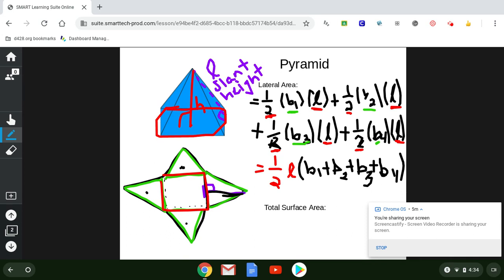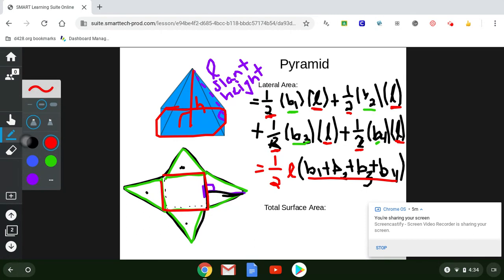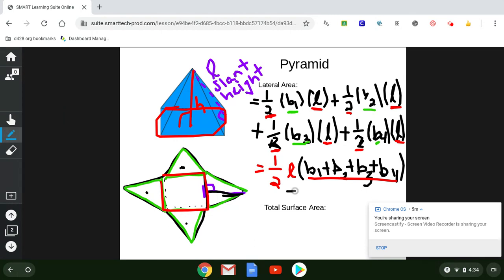So instead of having to write all of this out, we could just use that capital P to represent the perimeter of the base. So 1/2 times the perimeter of the base, capital P, times the slant height, L. That's actually the formula we're going to use. I just wanted you to understand where that P was coming from. So that's my lateral area formula for a pyramid.